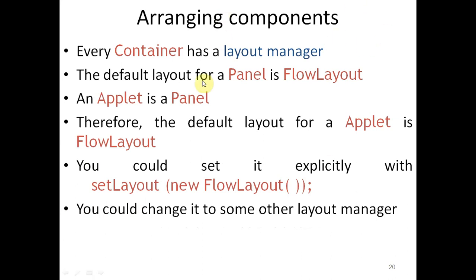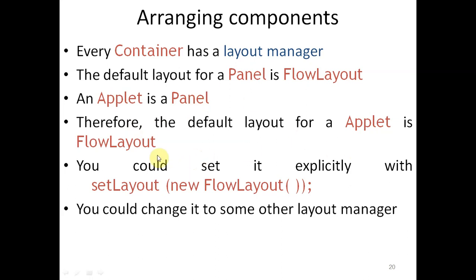So the default layout for a panel is flow layout, and applet is a panel. Applet is also called panel, as I have shown you just now. And therefore the default layout of the applet is the flow layout.